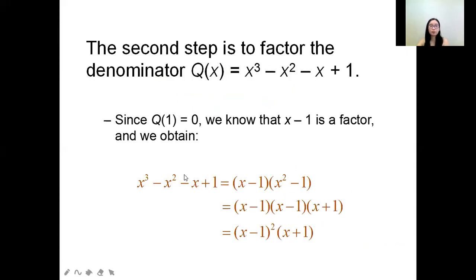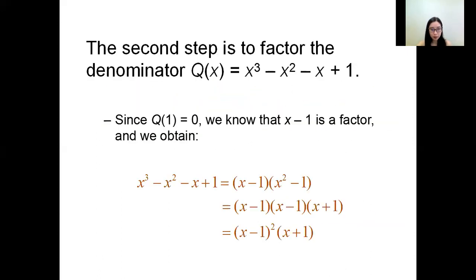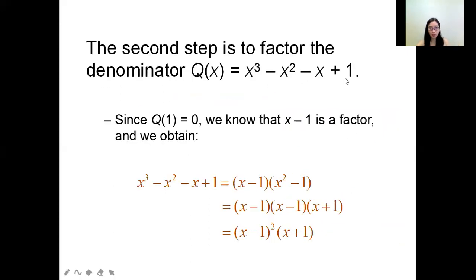Okay? So, the second step now is to factor the denominator. Our denominator is x cubed minus x squared minus x plus 1. Since if the value of x in the denominator is 1, it becomes 0, we know that x minus 1 is a factor.